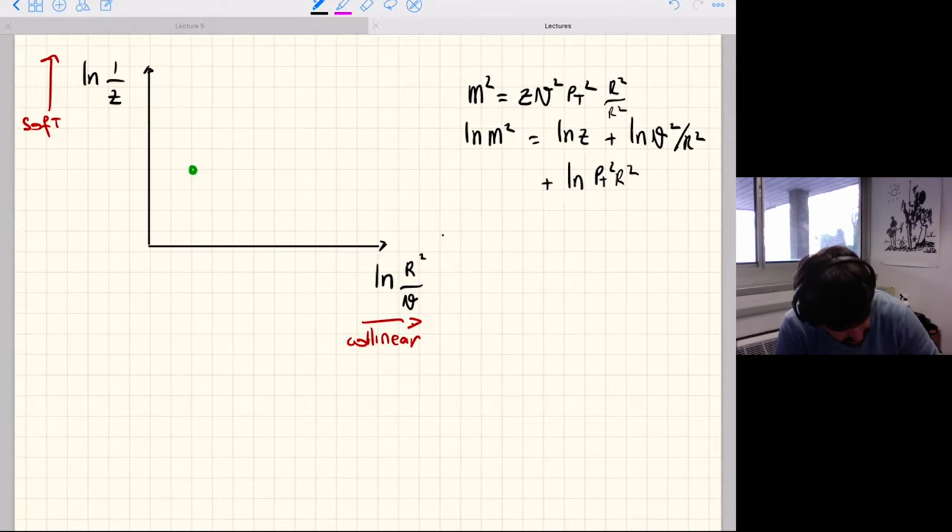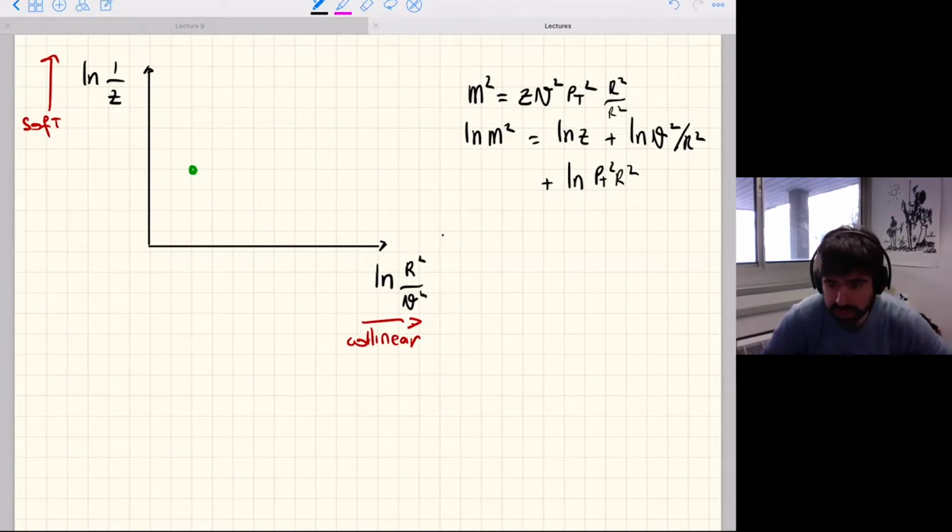Actually, maybe I'm plotting this. I don't know if it's relevant or not. It's the same, really, you can rescale the variable as you wish. But I think for the drawing, okay.